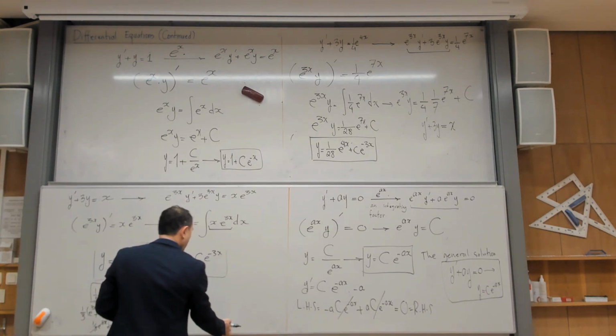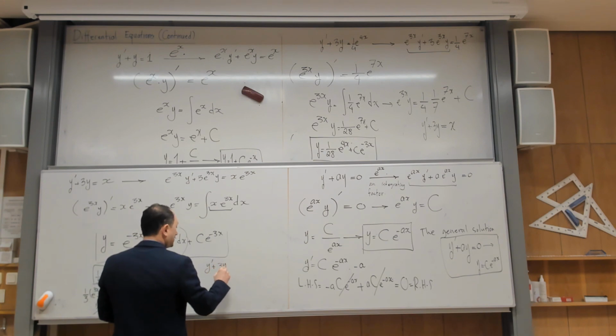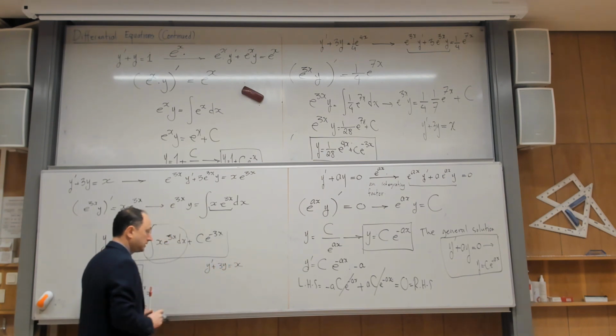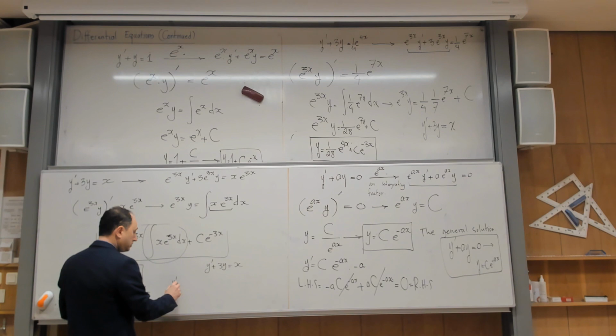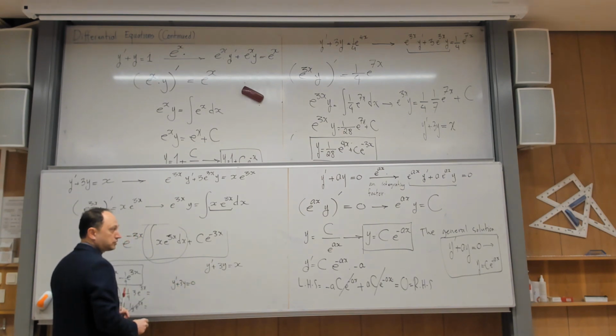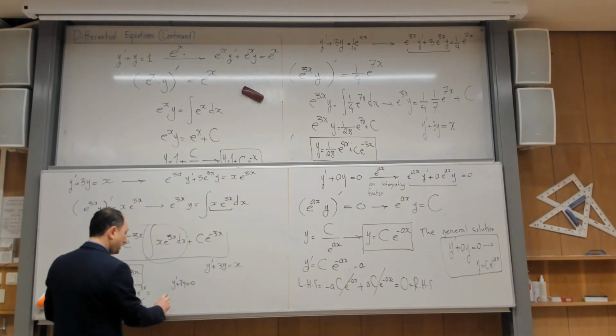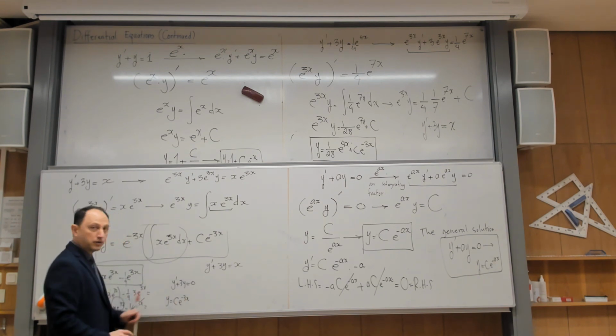So you see, I would write y prime plus 3y is equal to x. If I give you the solution to this one, if I ask you to solve this, you already know the solution. It's still on the board. That's the formula. So it becomes y equals c e to the power of minus 3x. Okay?